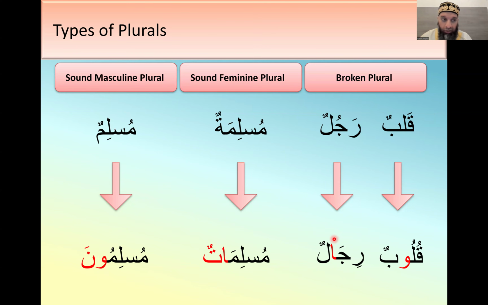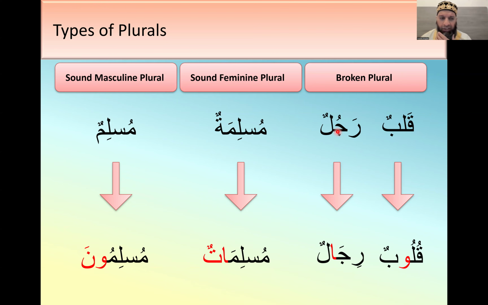That's why it's called broken. If a letter came in between these original letters, then it becomes a broken plural. So kitabun will become kutubun. Again, kitabun also breaks up into a plural.